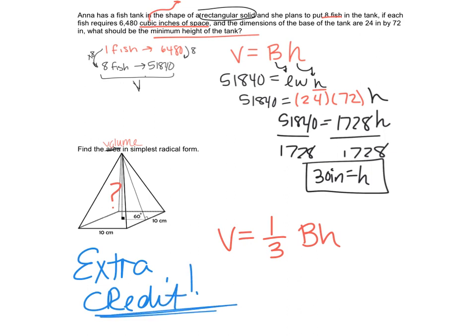If you email myself and Miss Kimmick your solution, we will give you 4 points towards an assessment. Okay. So here's what we want you to do. You need to use your knowledge of 30, 60, 90 right triangles to help you find your height. That is what we are going to tell you.